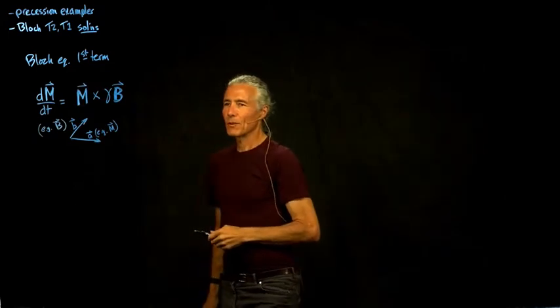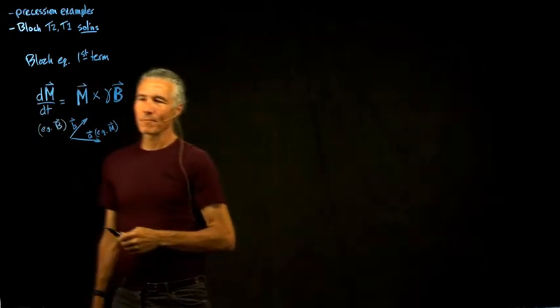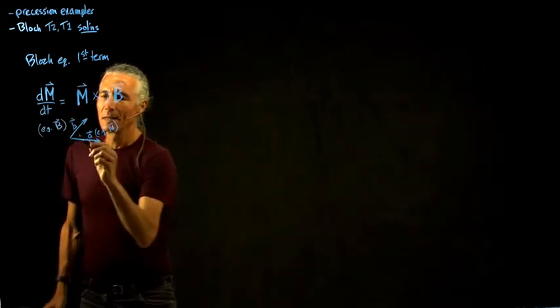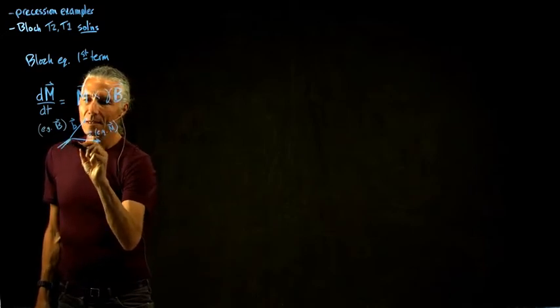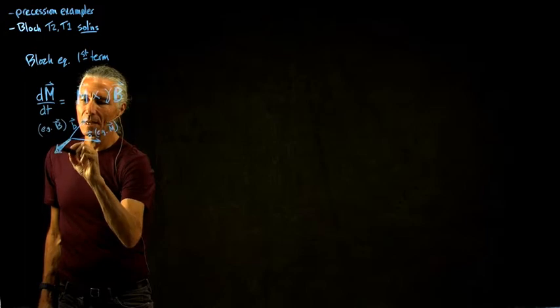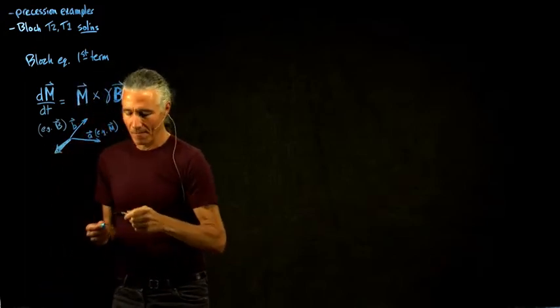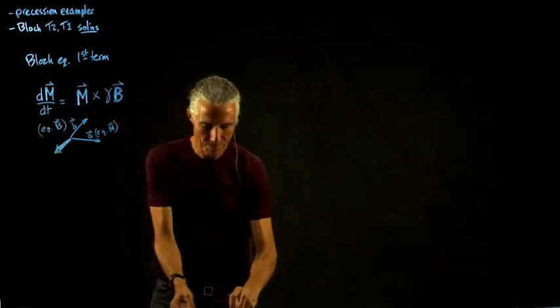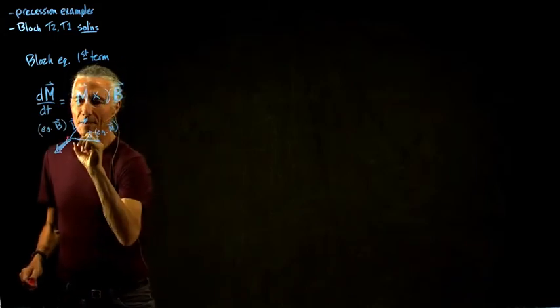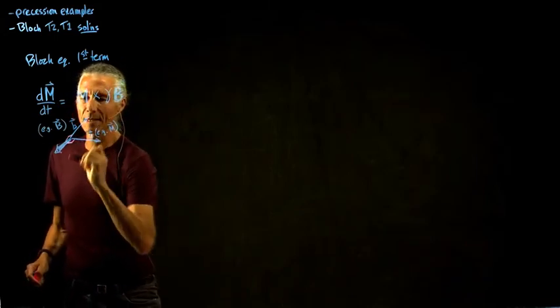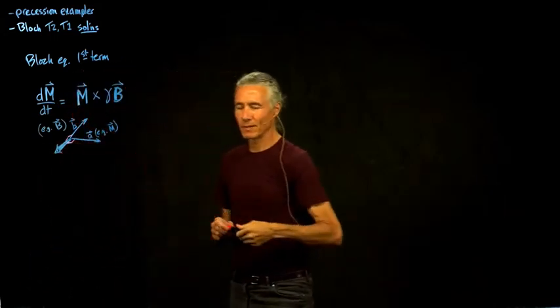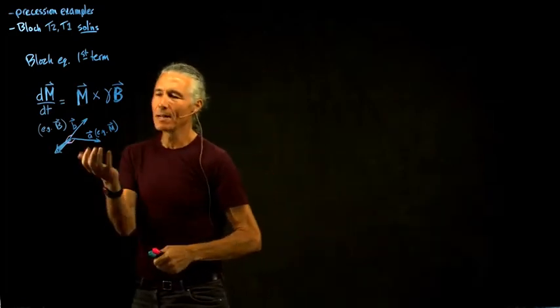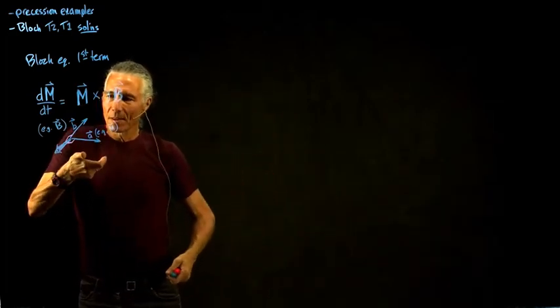When you cross product two vectors like that, the order is important, and the result is a vector sticking out at you that's perpendicular to both vectors, so perpendicular to the plane between them.